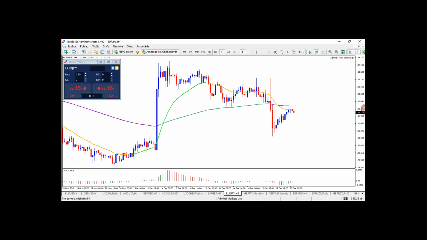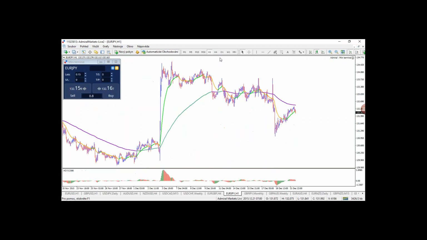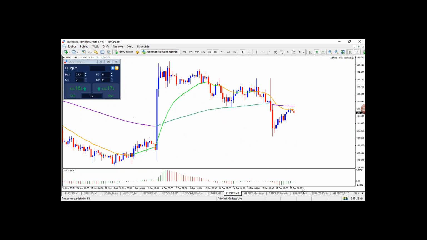All right, taking a look at different time frames here on the Euro Yen. Seems a bit funny chart to me.